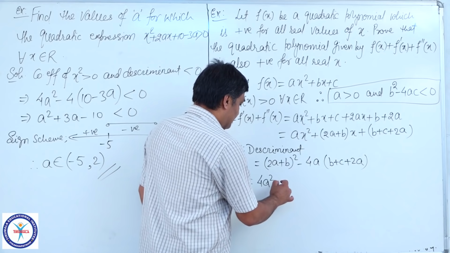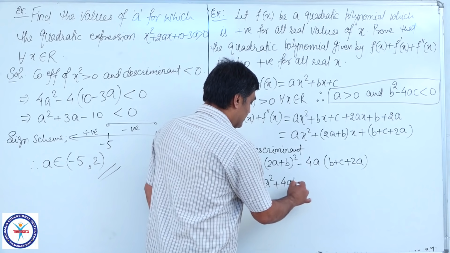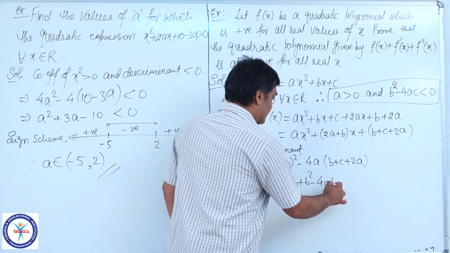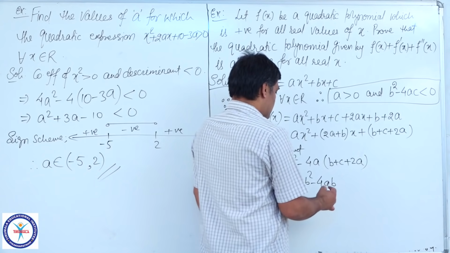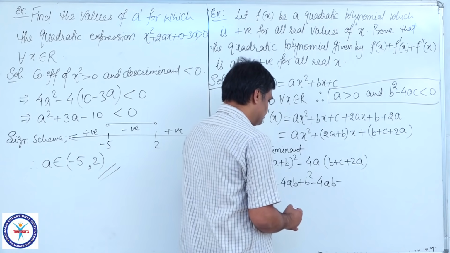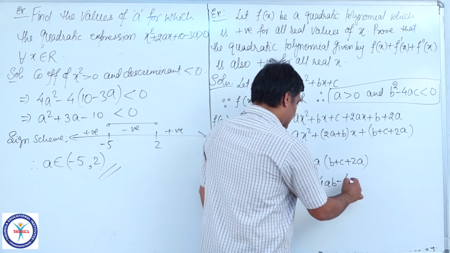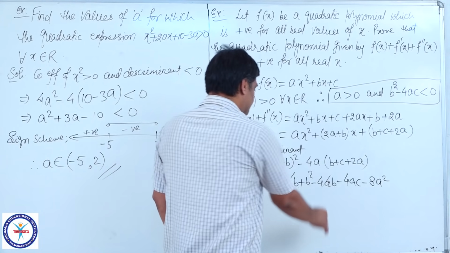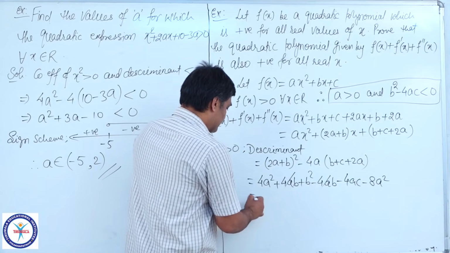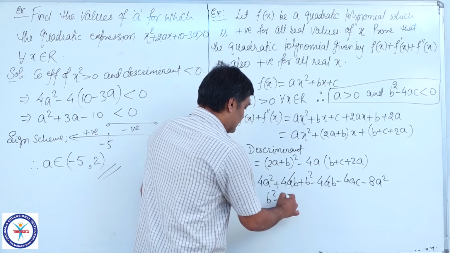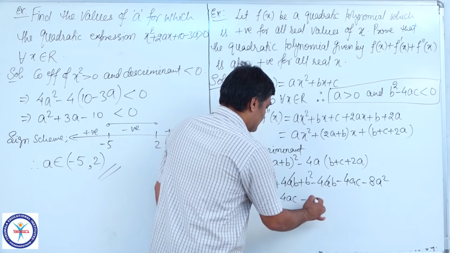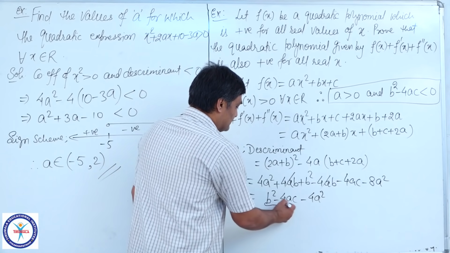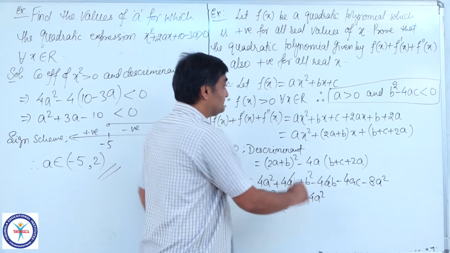Okay. Now, 4a square plus 4ab plus b square minus 4ab minus 4ac minus 8a square. So, it is b square minus 4ac minus 4a square. Okay. This is negative.